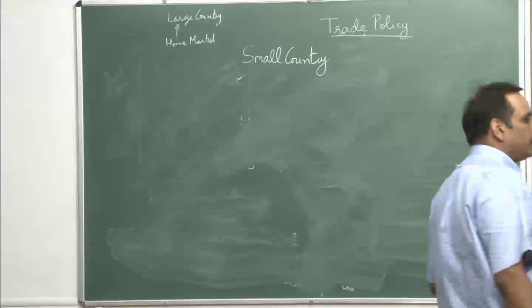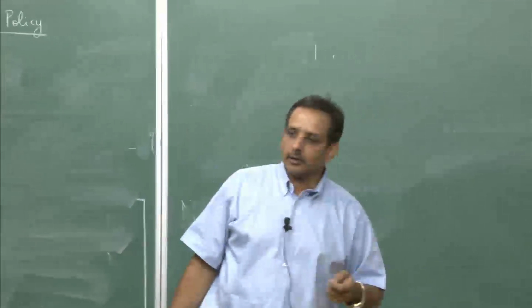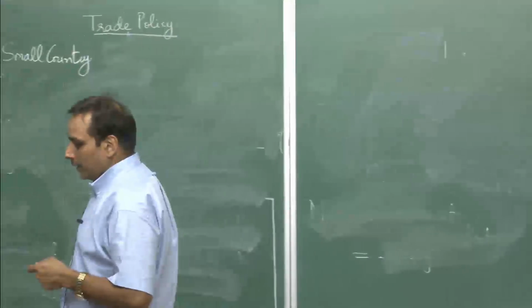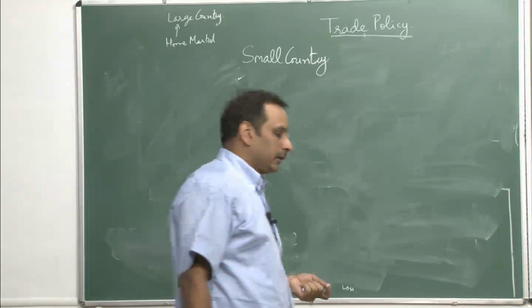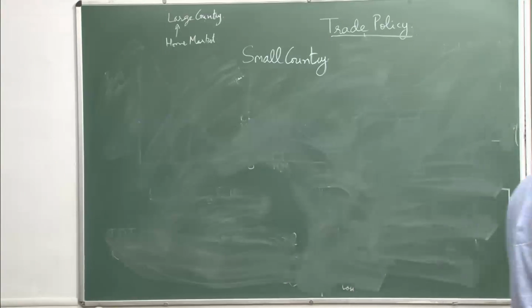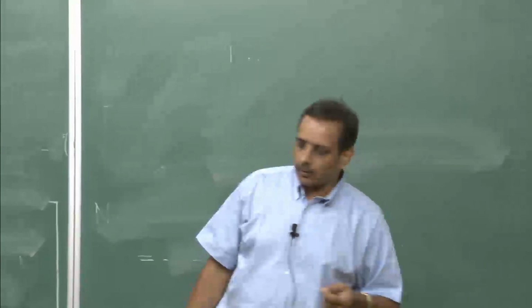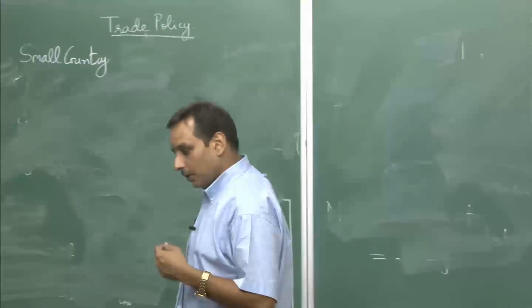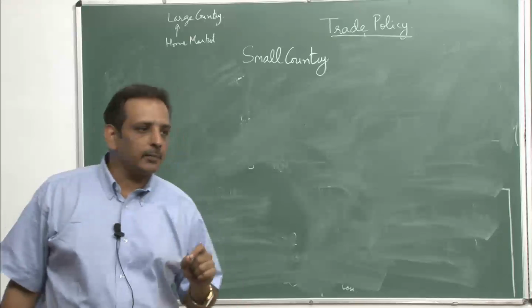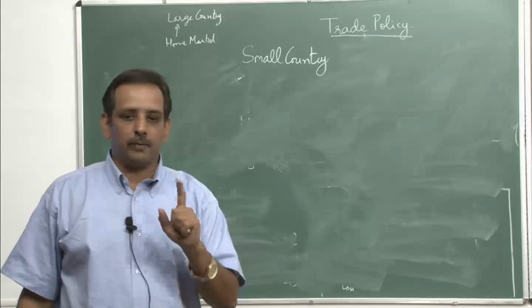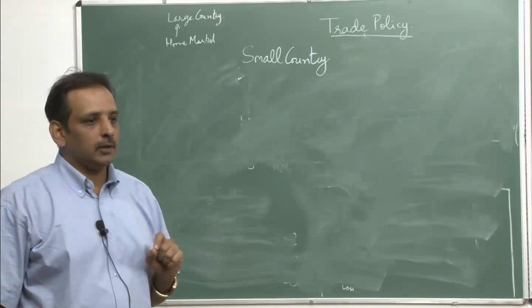The US did it for automobile industries in the 80s, it still does it for cheese. Australia, New Zealand did it for textiles, did it for automobiles, and then there was some agreement called MFA, multi-fiber agreement.